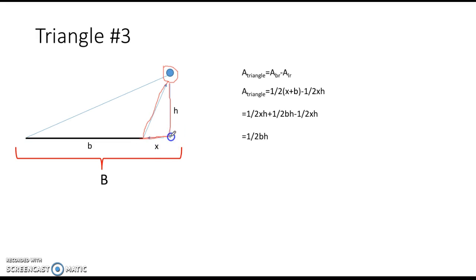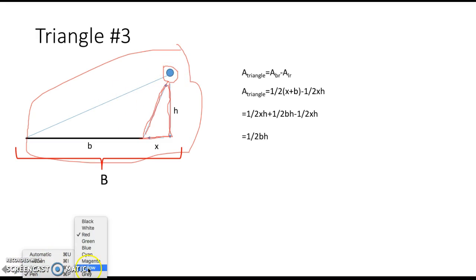So then you connect the base here, and you have one large right triangle, a not so nice triangle here, and then a small nice right triangle here.